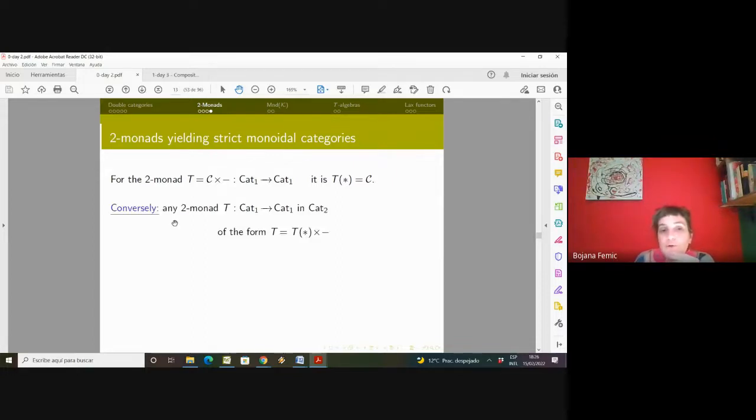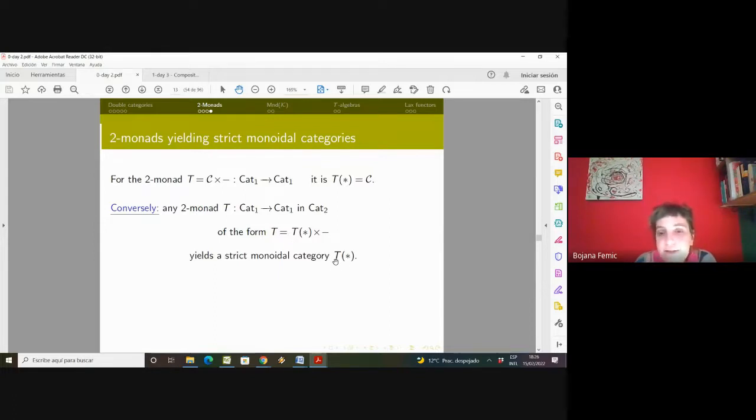So now for the converse, we may observe that any two monad T which acts on the category of categories, and this is a two monad in Cat2, and which additionally satisfies this property that it is given by T of star times something, yields a strict monoidal category T of star. Now I will comment on why I need to add this property that T is of this form.